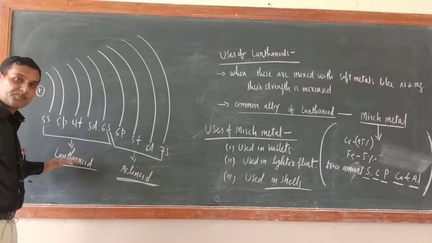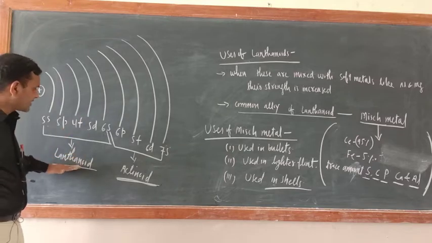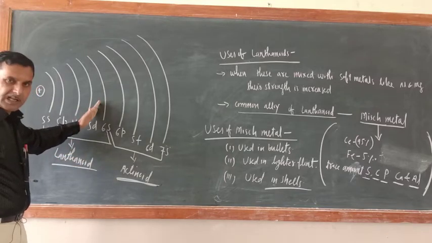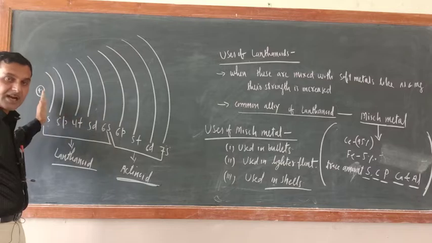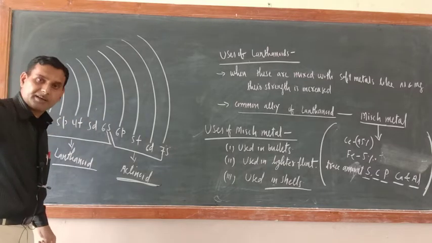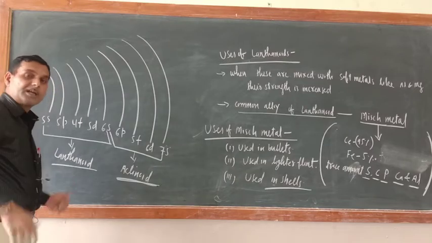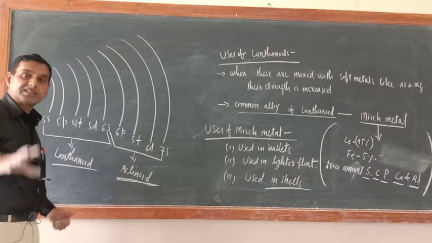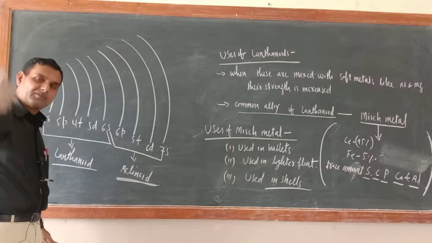Just see, in the lanthanide case these subshells are near the nucleus, so their electrons are not free to come out. This is the only reason that lanthanides do not show more variable oxidation states.